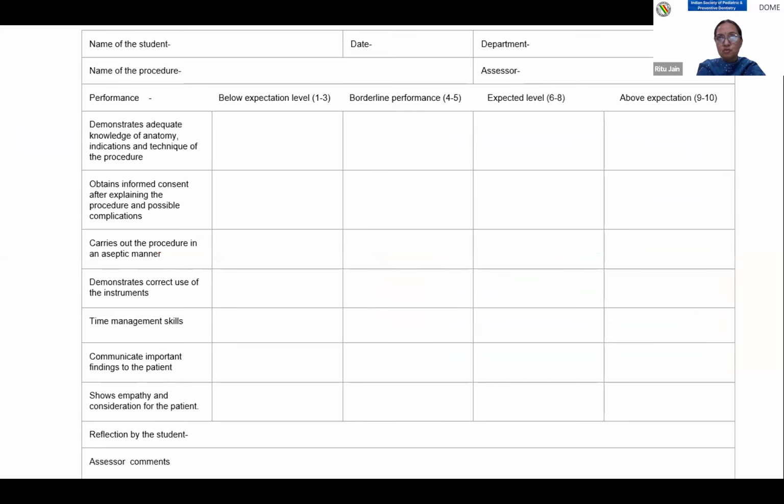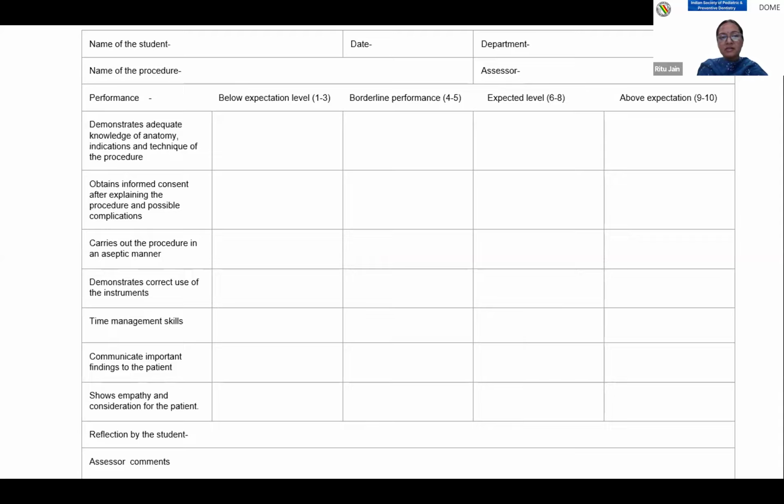So this is just to show you a sample assessment sheet or checklist of direct observation of procedural skill. This checklist we have developed in our own Department of Periodontology, and we've been using it to assess the scaling skills of the students. We have divided the entire procedure into different parts.